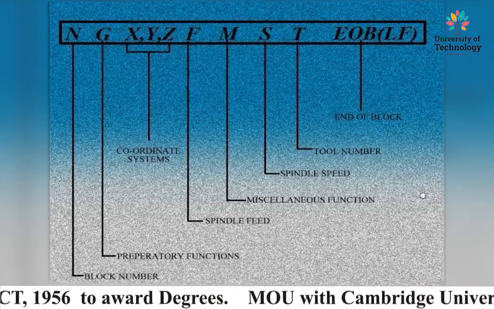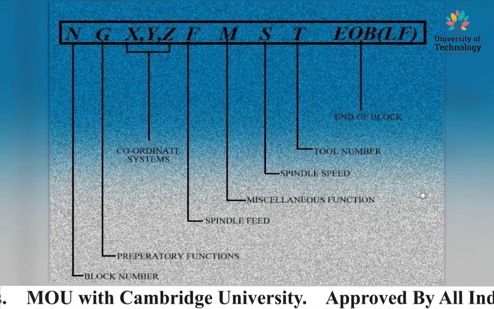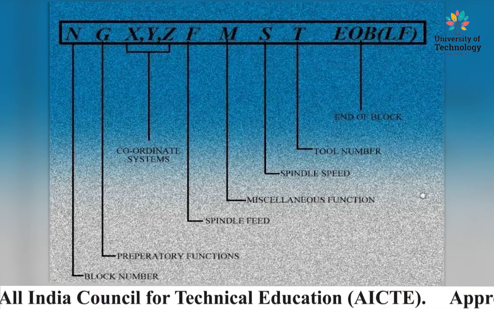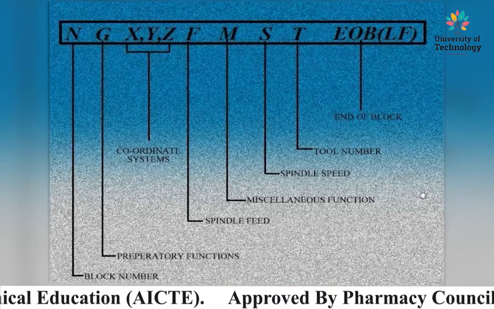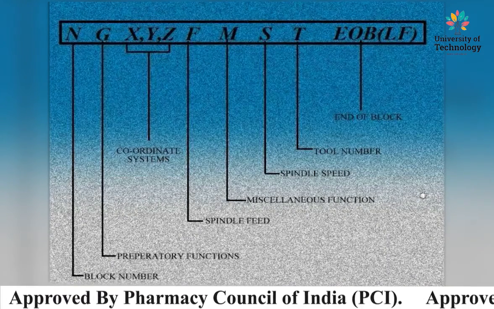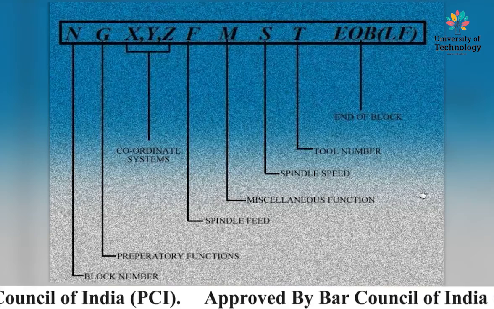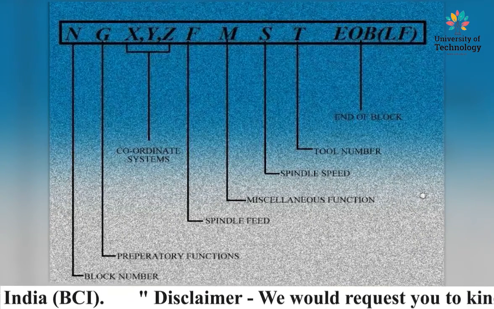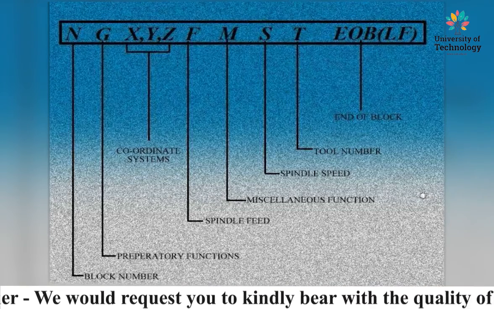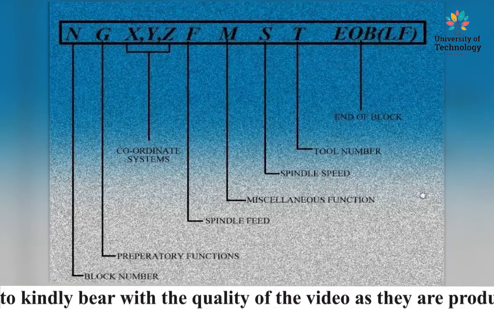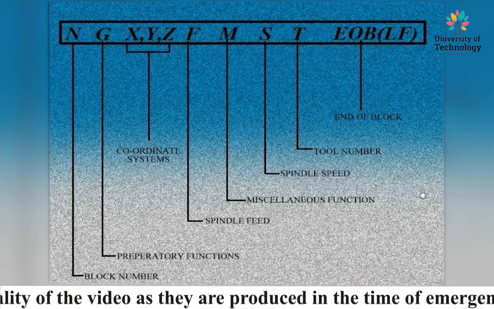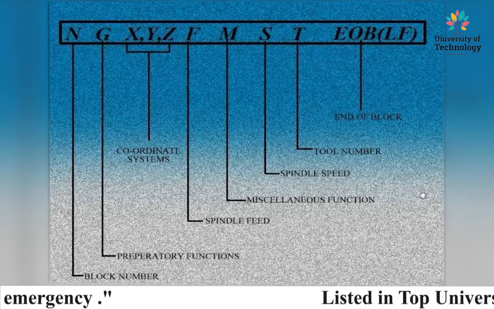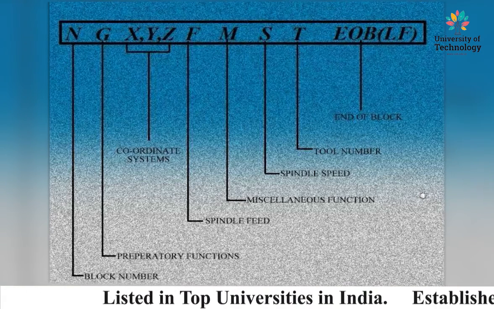M is the miscellaneous functions like coolant on and off, tool change, etc. Capital S is the spindle speed, and the tool number is denoted by capital T. Then the end of block, that is the end of the particular line in the program. That is the basic sequence of the alphanumeric characters in NC part programming as per this slide.